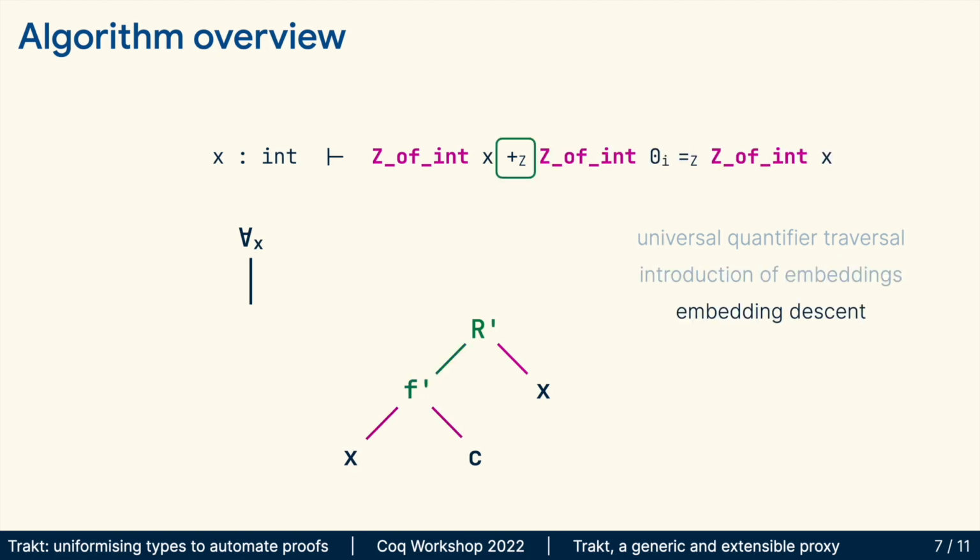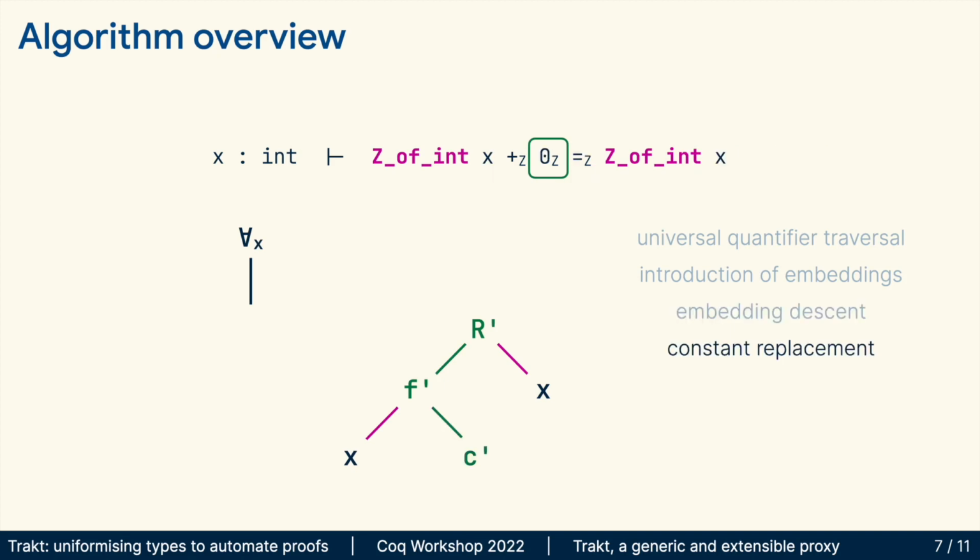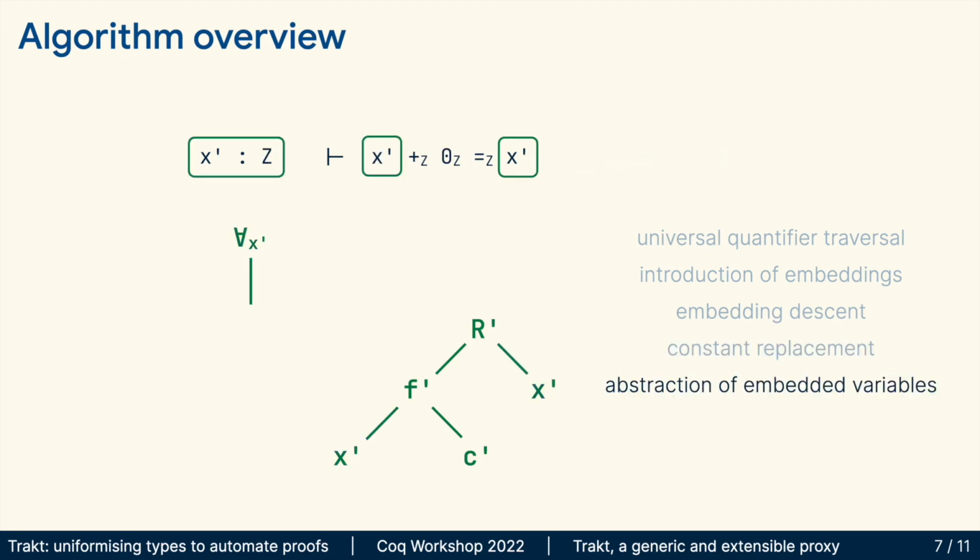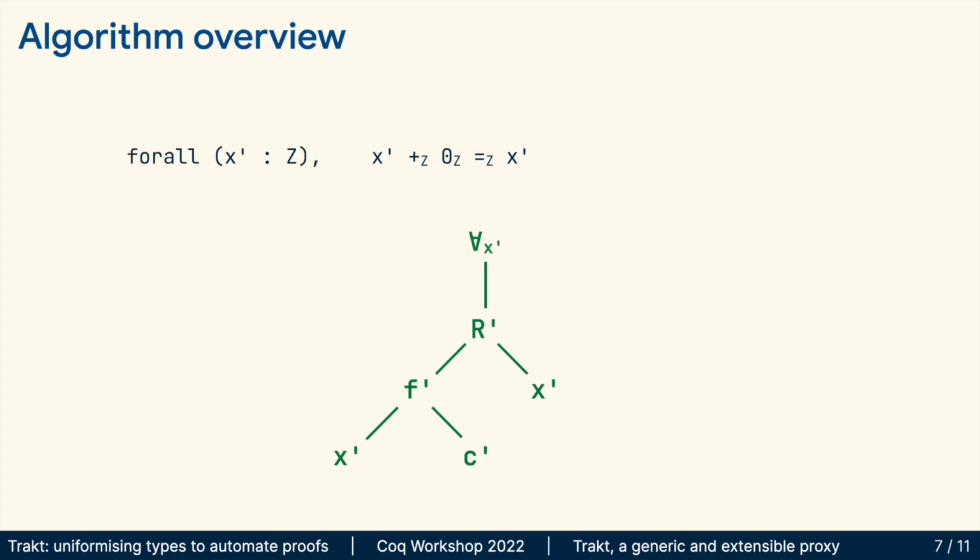We will also rewrite the zero arity symbols. And then we are left with variables that are embedded in every occurrence, which means we can abstract Z of x into an x prime in Z and forget the structure. And once we have abstracted all the embedded variables, we can close the quantifiers and have the target goal.